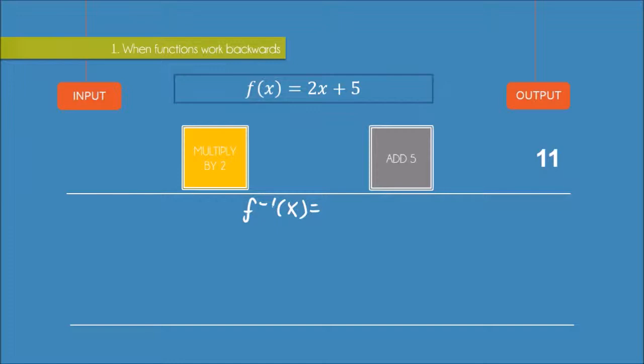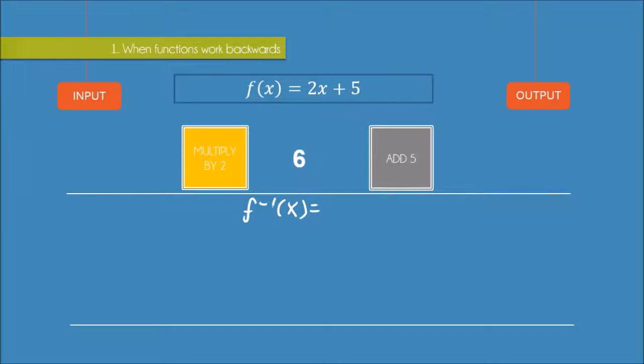So in order to determine what this inverse would look like, let's rewind the animation and watch it in reverse, and note what is happening at each stage. So we're starting with our output of 11, and first we are sending it backwards through the grey box. And when it goes through backwards, we're going to end up with what we had before 5 was added, so we end up with 6.